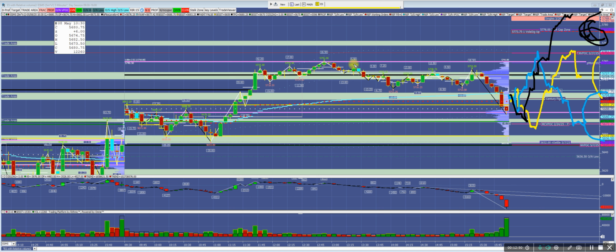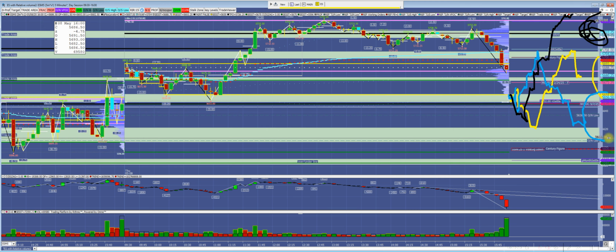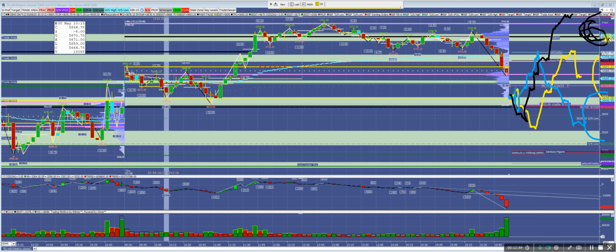Hypo 4 is a breakdown day. I need to bring this down a little bit. I'm going to get rid of all of these. Yes. As soon as I move them, they don't make any sense anymore. All right. So going to my hypo 4. Hypo 4 is an open auction in range.